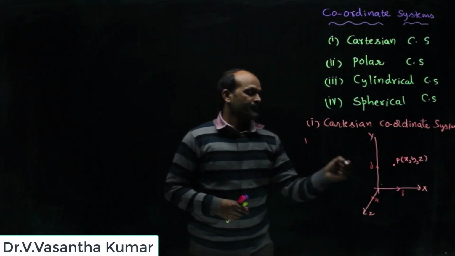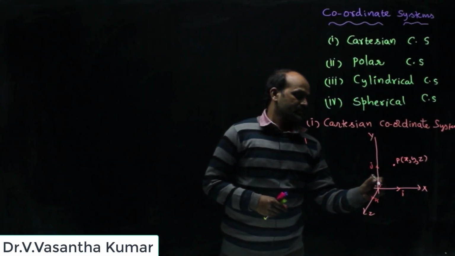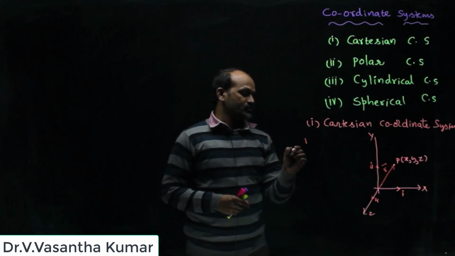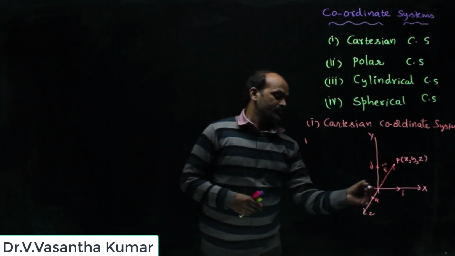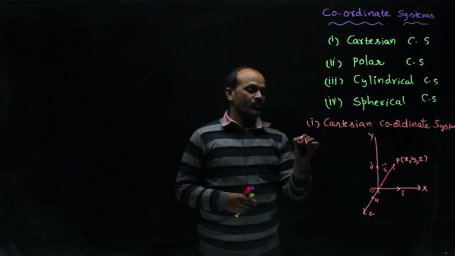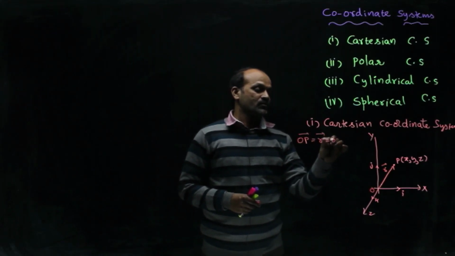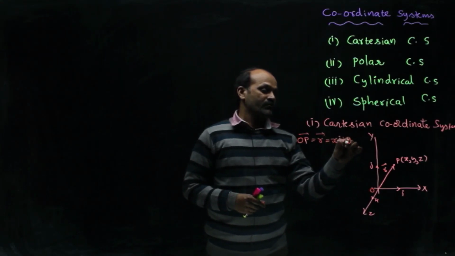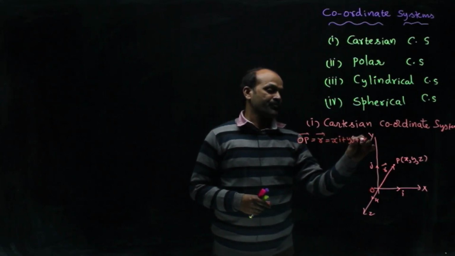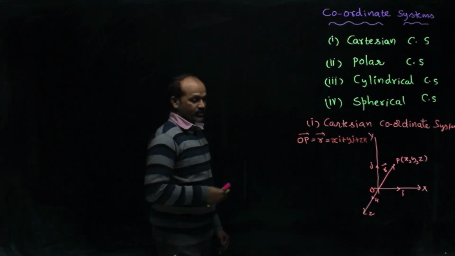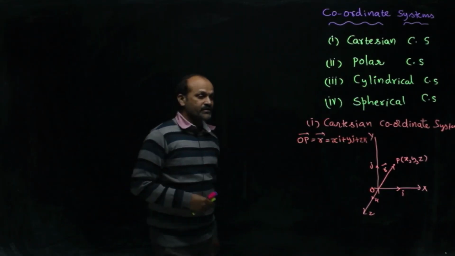Say we give it the name r bar, that is, O is the origin, OP bar is equal to r bar. This is equal to xi plus yj plus zk. In 3 dimensions, if you take any plane, you can write r bar in terms of the coordinates there.